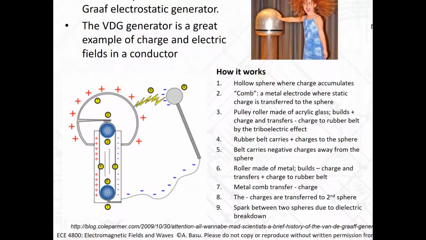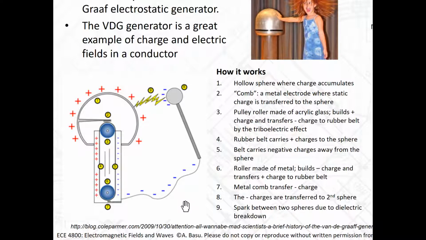The negative charges can be transferred through a comb to the wand. And so you would get a similar negative charge buildup on this wand, and if you touch the two together, you can get a static discharge between the two, lightning basically.